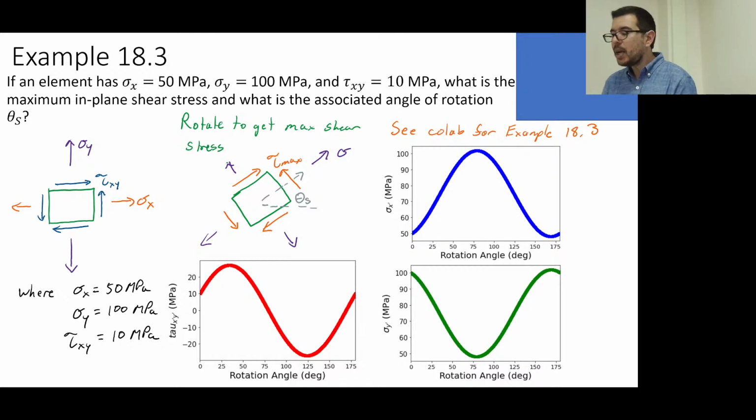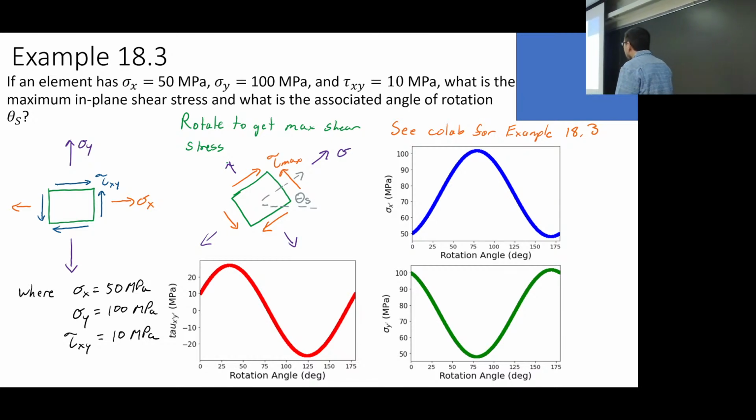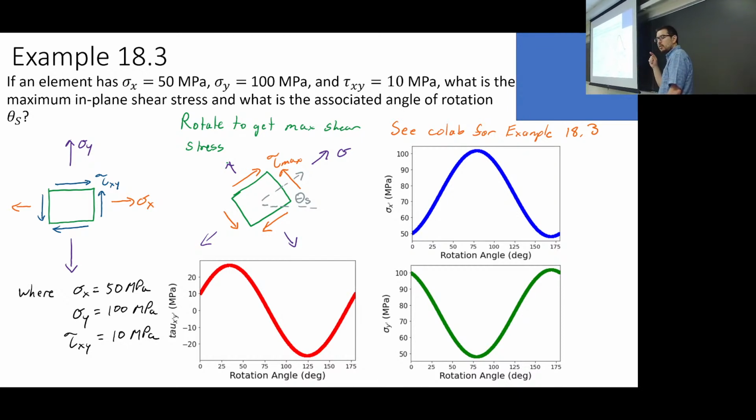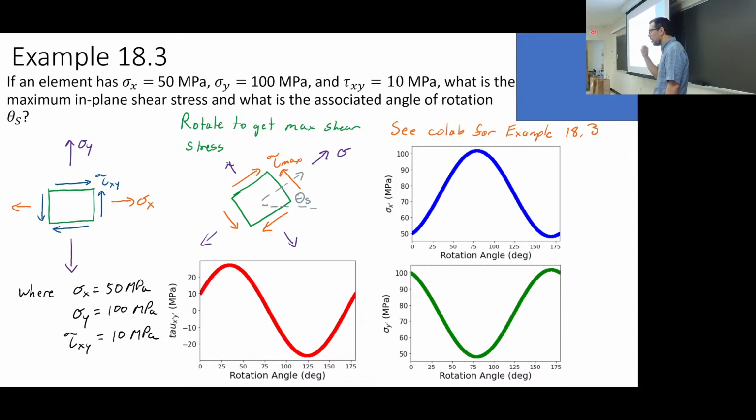Anyway, those maximum shear stresses do not necessarily have normal stress present. I'm sorry, when you're in a state of maximum shear stress, you're not guaranteed to have 0 normal stress.